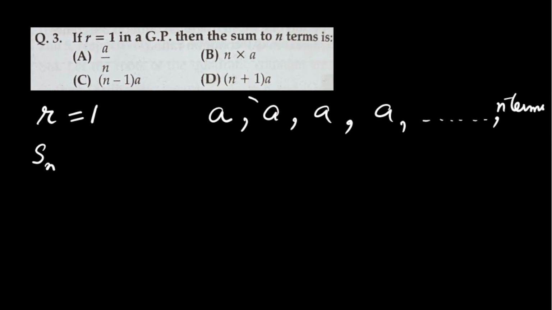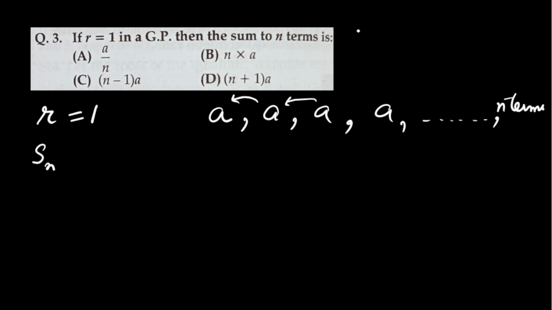You can check also. R we can find by dividing the second term by the first term, so dividing A by A, I will be getting 1. So there is only one possibility when the common ratio is 1: all the terms are the same.